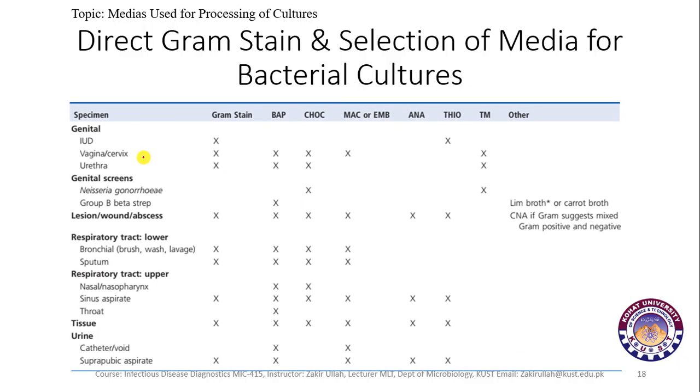Genital specimens, the vaginal or cervix samples, are processed in almost the same way, and all of them are gram stained, and then inoculated on blood and chocolate agar. But the vaginal samples or cervix samples are inoculated on McConkey agar, and both the samples are inoculated on Thayer-Martin agar to check for gonococci if present.